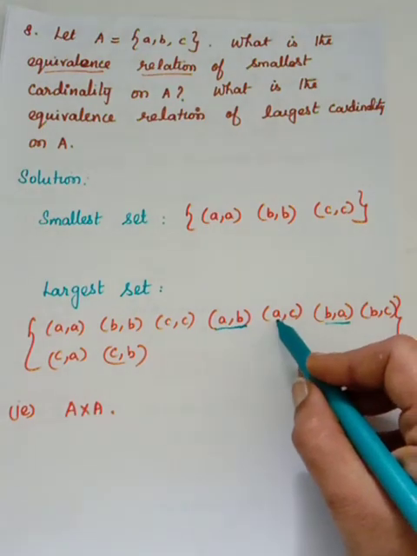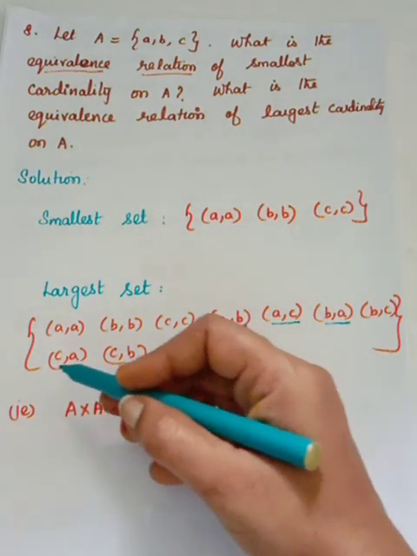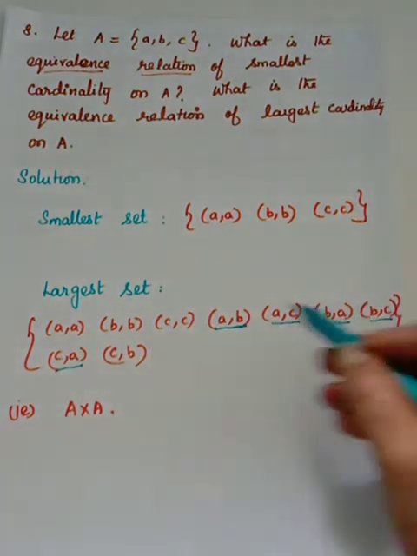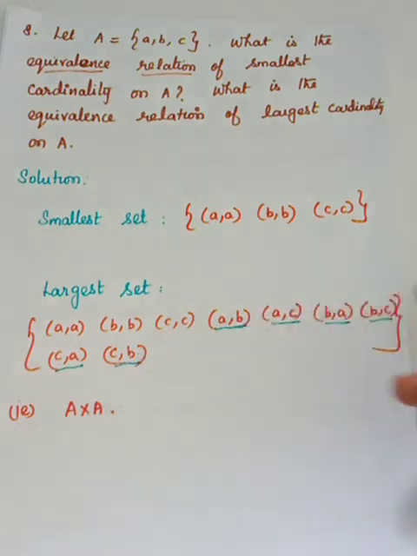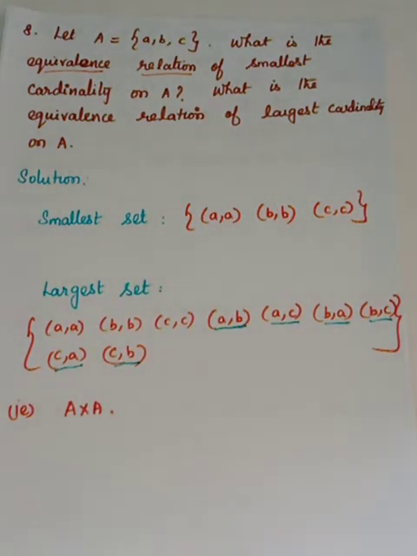And one more ordered pair, A is related to C means C is related to A, and B is related to C means C is related to B. So these ordered pairs are there, so the relation is symmetric.